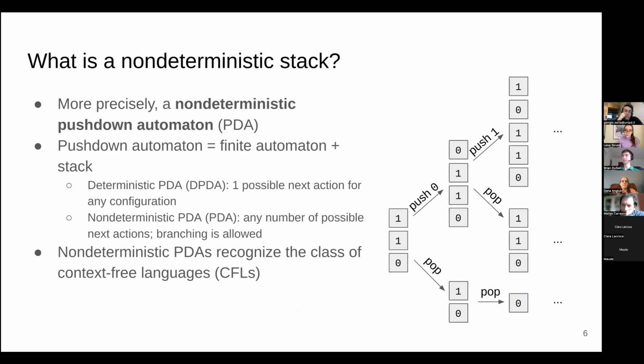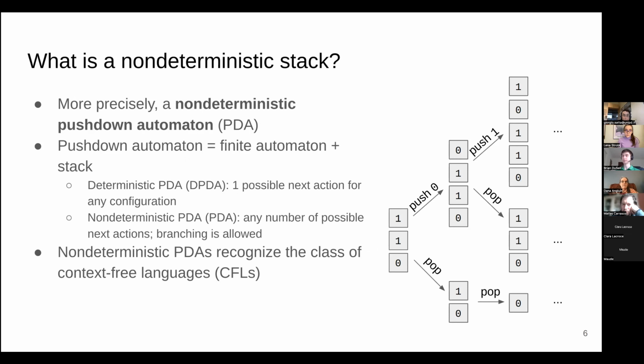So what is a non-deterministic stack? More precisely, what I'm talking about is non-deterministic pushdown automata, or PDAs. A pushdown automaton is just a finite state control attached to a stack data structure. And again, we can have both deterministic PDAs or non-deterministic PDAs. In a DPDA, there's exactly one possible next transition for any configuration.